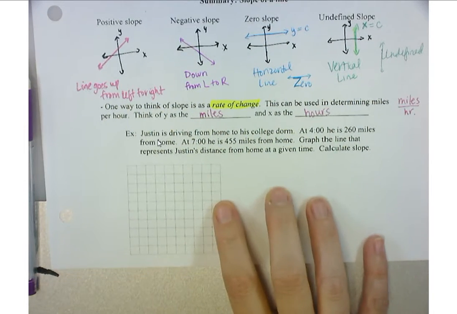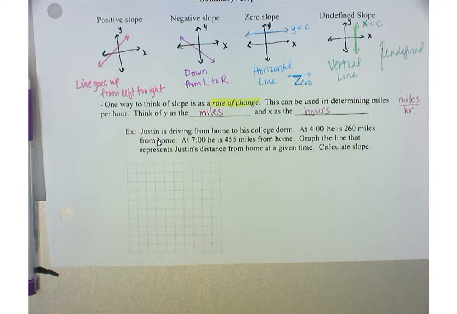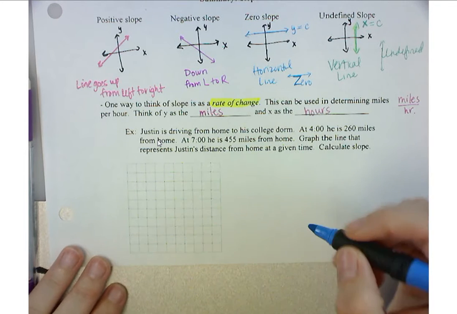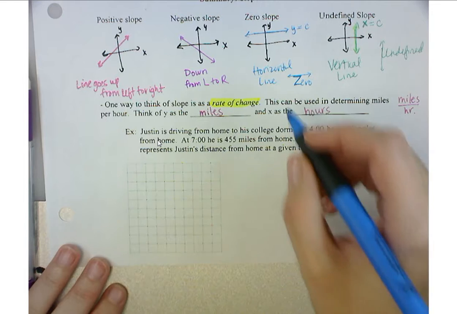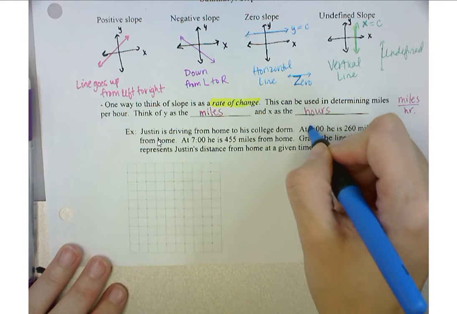So we have our buddy Justin who's driving home to his college dorm. At 4 o'clock, he is 260 miles from home. At 7 o'clock, he is 455 miles from home. We're going to graph the line that represents Justin's distance from home at a given time.